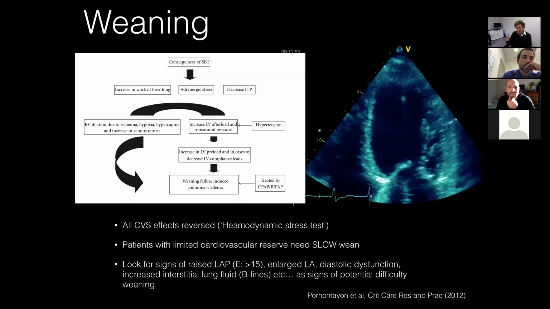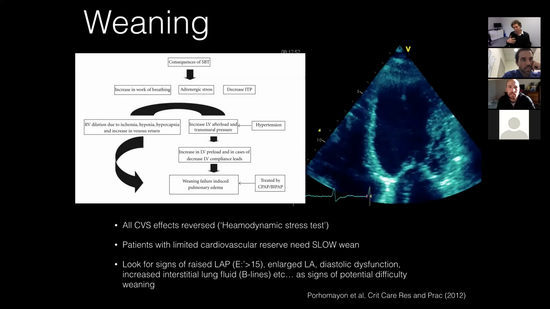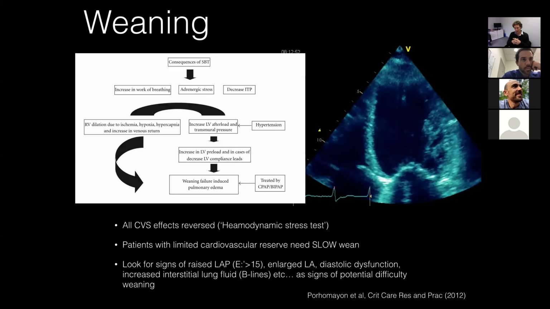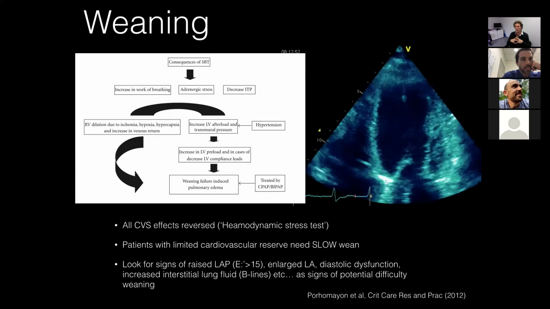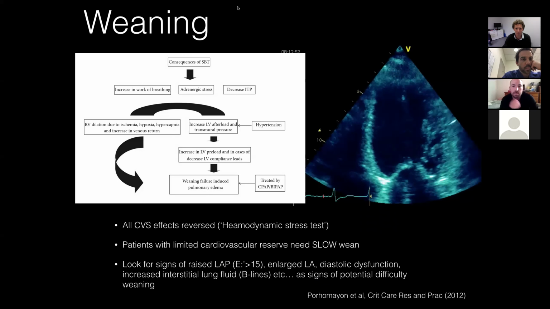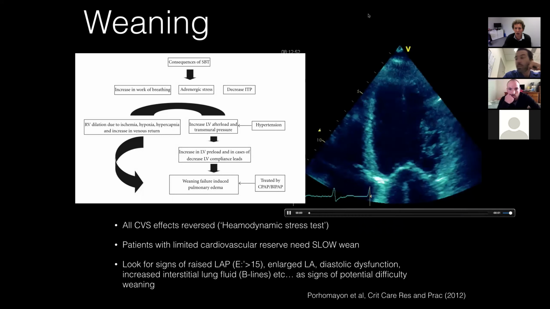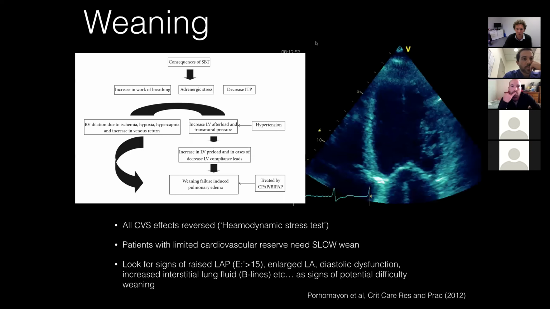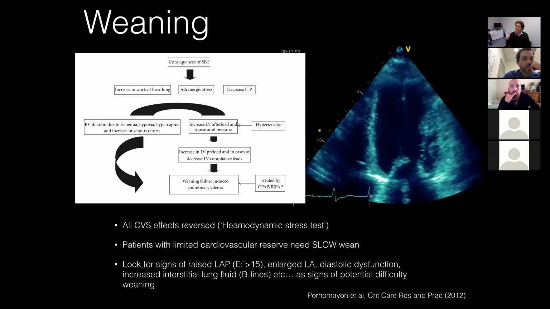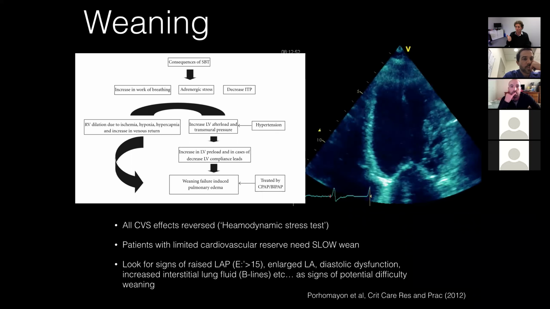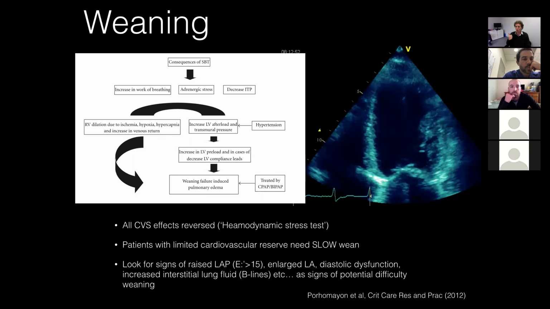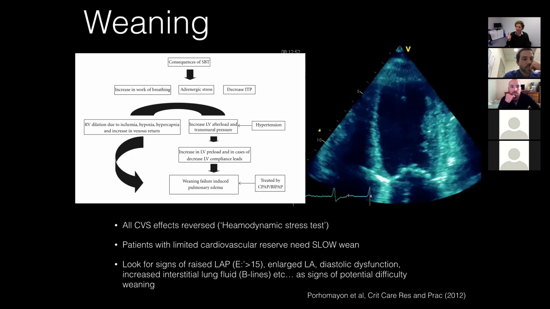So the weaning, just to be clear, if I think someone's got an LV that looks like this, or I think they might be a little bit fluid overloaded, these are the guys that I do spontaneous breathing trials on. I don't do them on everyone. I do spontaneous breathing trials on those who I think are potentially fluid overloaded, and sometimes I find that intravascularly fluid overloaded, so risk of pulmonary edema if I extubate them, because they've got raised left atrial pressure, or people who've got bad LVs.